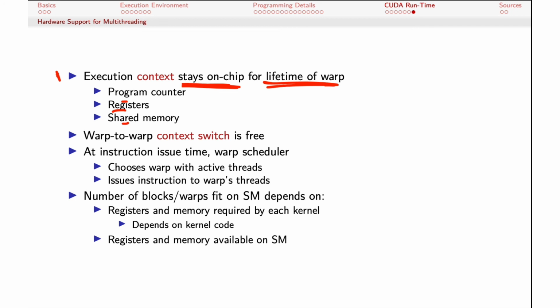So in terms of switching from one context to another, here's the awesome news. Context switching is free. Because that information is already there on the GPU itself, the ability for the warp scheduler to switch from one warp to another can happen essentially in a single tick of the clock, a single instruction issue time, which is really remarkable.